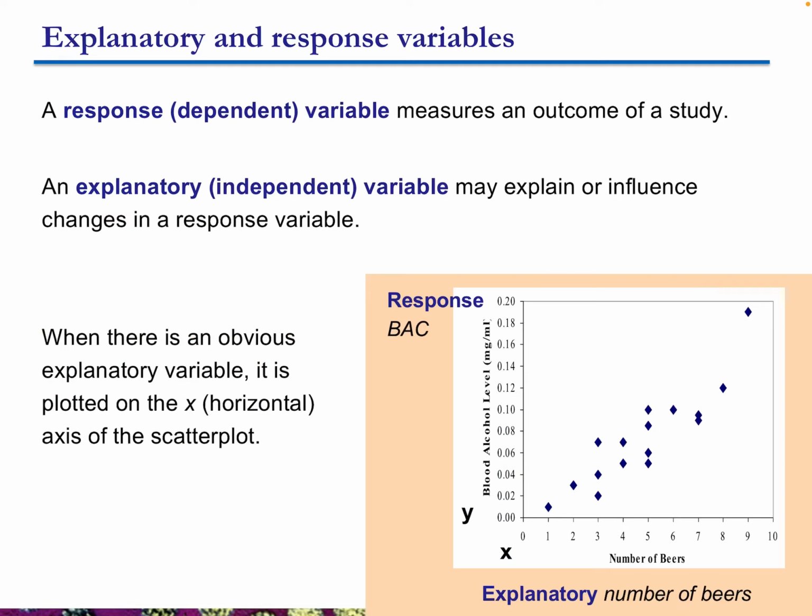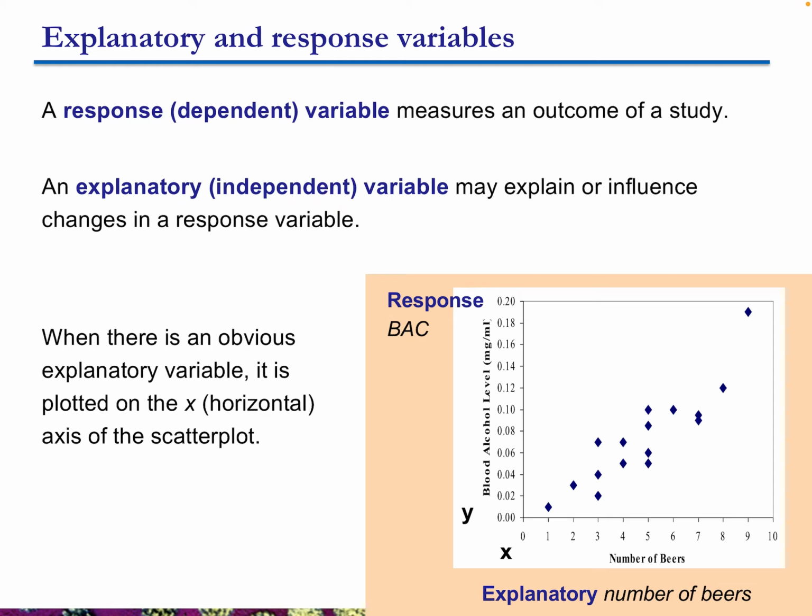That's the variable that is driving the relationship. And we have a response variable. That's the variable that is being affected by the explanatory variable. Sometimes we call the response variable the dependent variable because it is dependent on the explanatory variable, and therefore we call the explanatory variable the independent variable because it's not dependent on the response variable.